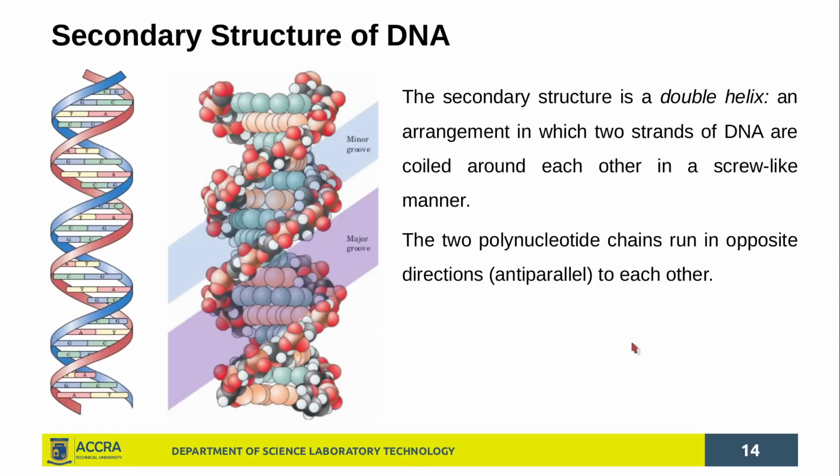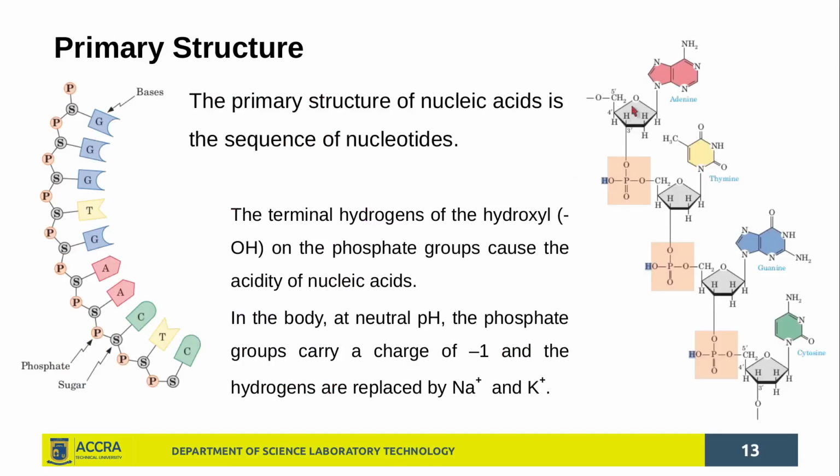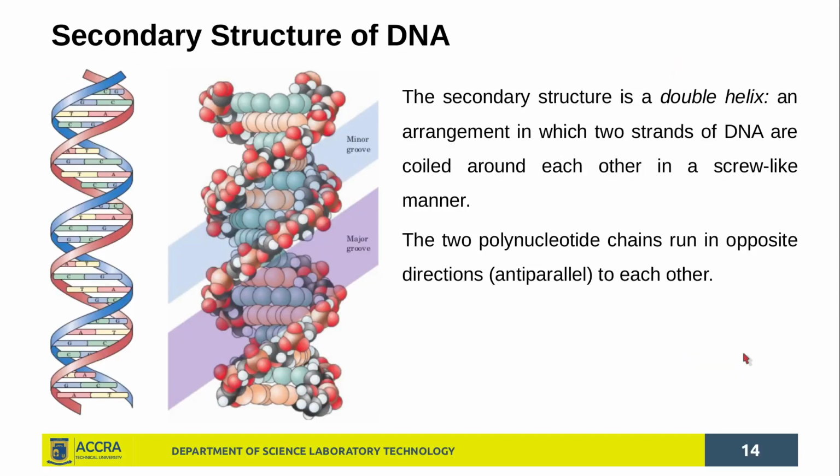Now, the secondary structure is what is referred to as the double helix. So you see, when we were looking at the long chain of a nucleic acid, we're talking about the phosphodiester bond between the nucleotides. Now, when you come to the secondary structure, you have two nucleic acid strands bonding, and this bond exists between the nitrogenous bases in these nucleotides.